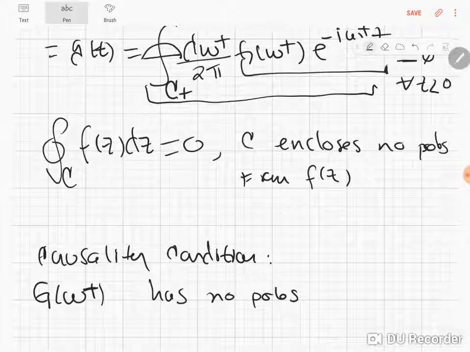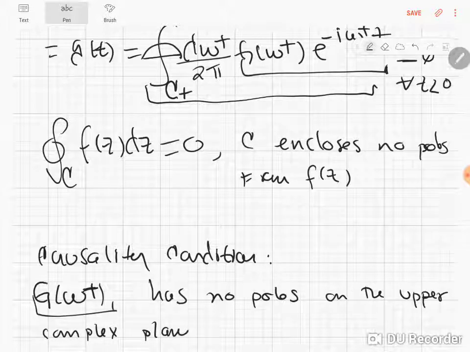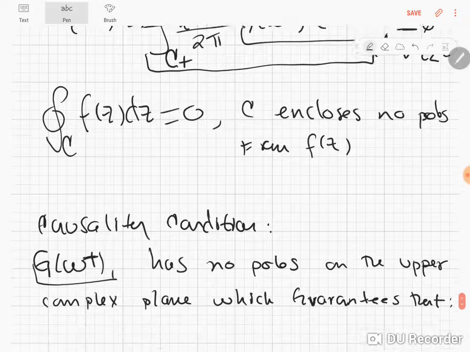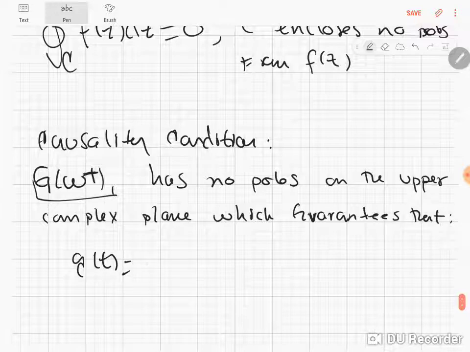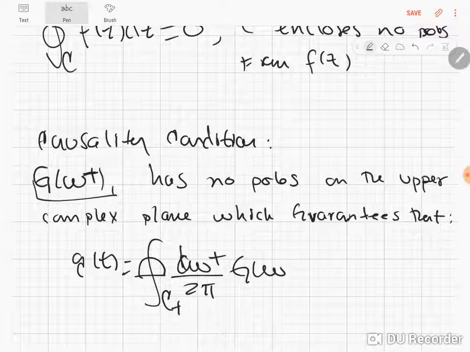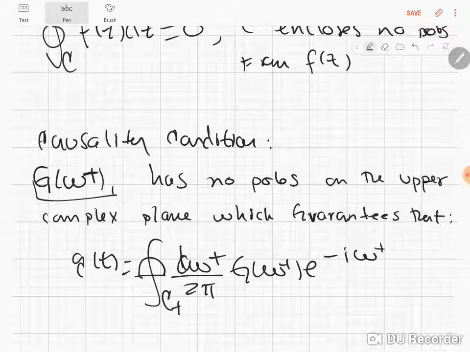So the causality condition says that g of omega has no poles on the upper complex plane, which guarantees that g of t, equal to the integral over C plus of d omega plus divided by 2 pi, g of omega plus, e to the minus i omega plus t, is equal to 0 for all t less than 0.